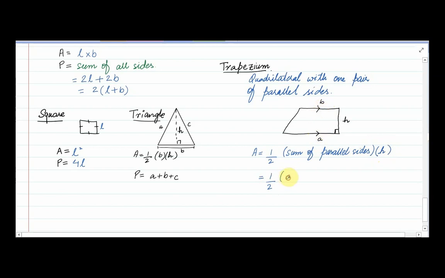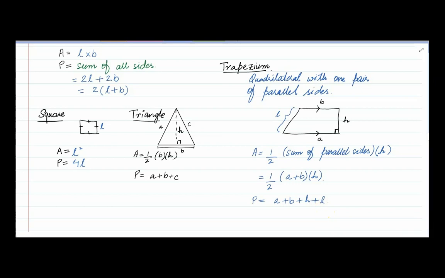So the trapezium working formula is 1/2 times A plus B times H. That is the working formula. And if you talk about the perimeter, it is the sum of all sides. So let's say this length is L, then perimeter will be A plus B plus H plus L, right? So that is the working formula of perimeter of a trapezium.